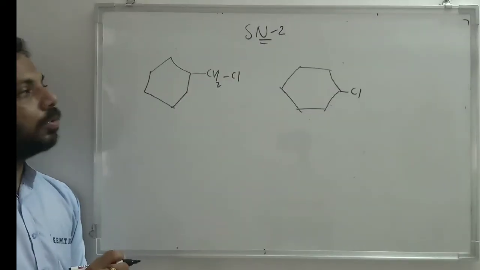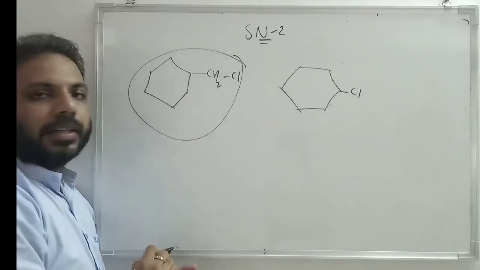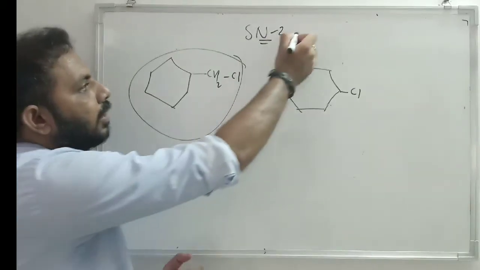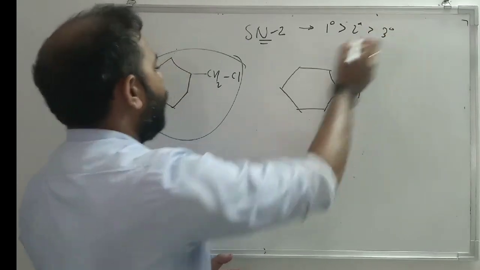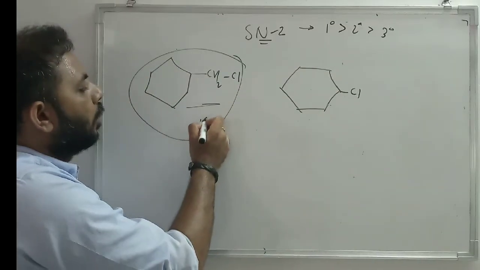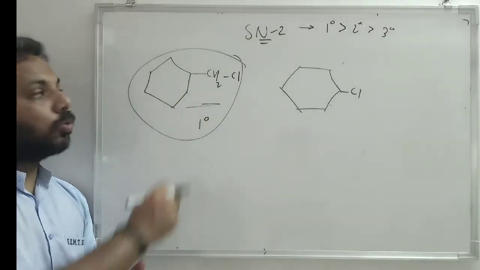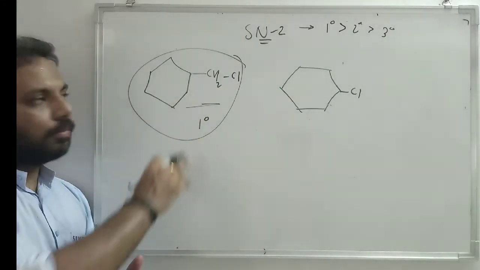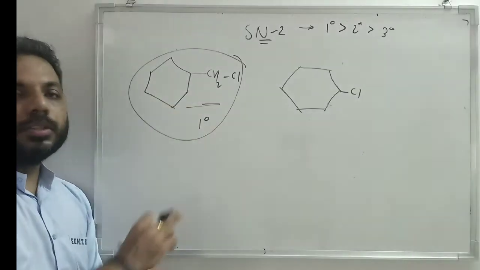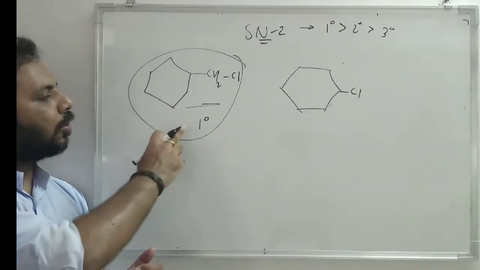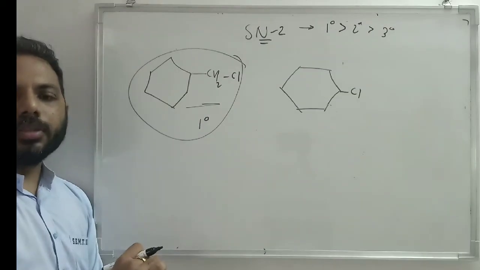Okay, so the answer is this compound is more reactive for SN2, and the reason is for SN2 the reactivity order is primary, secondary and tertiary. And as we know, this is a primary haloarene, and that is why it is more reactive. This is a primary compound, and because of this it is more reactive for SN2 reaction.